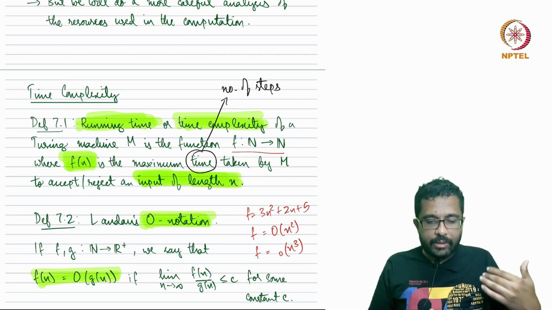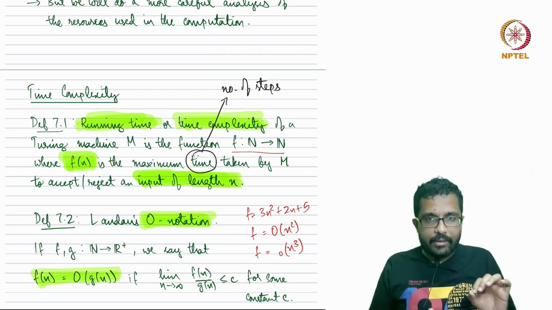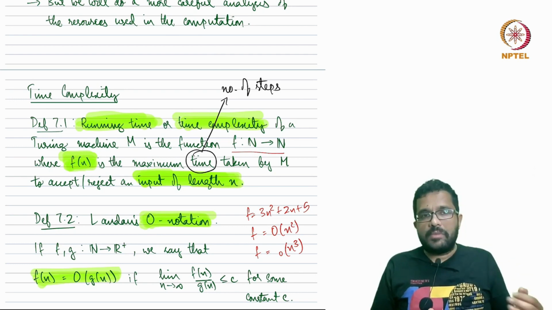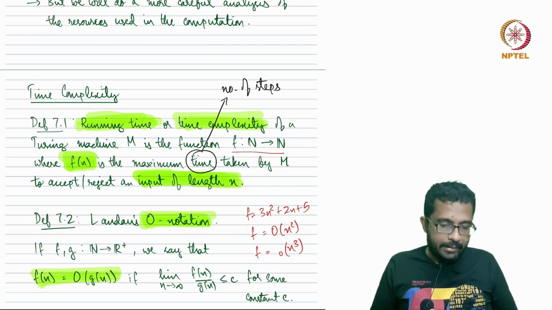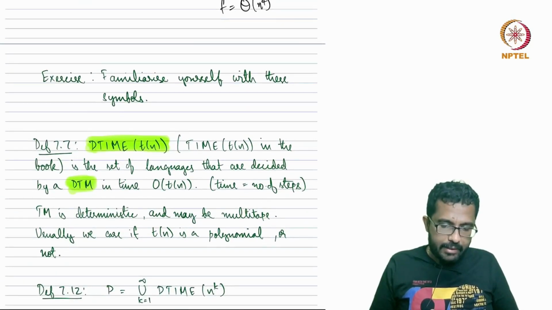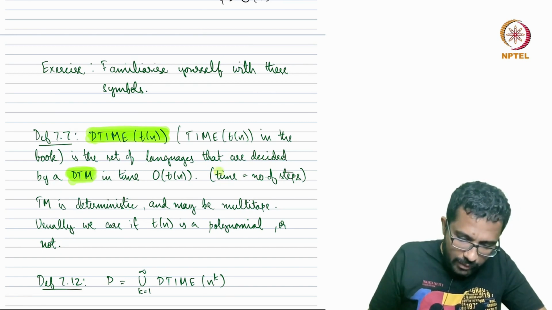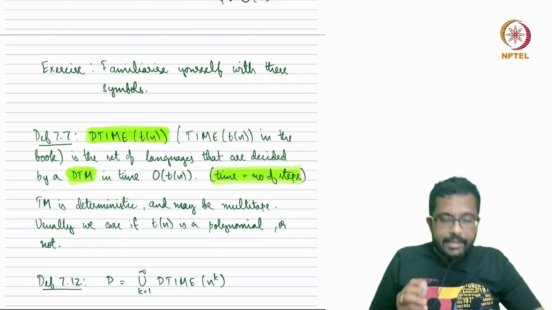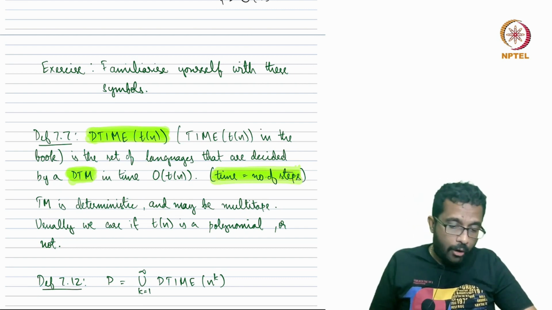So based on that, you can translate into an actual measure of time, how many microseconds or nanoseconds. So when it says time, it means number of steps of the Turing machine. So DTIME(T(n)) is the class of languages that can be decided by a deterministic Turing machine in time order T(n), right?